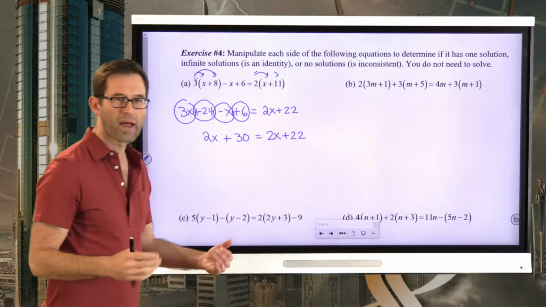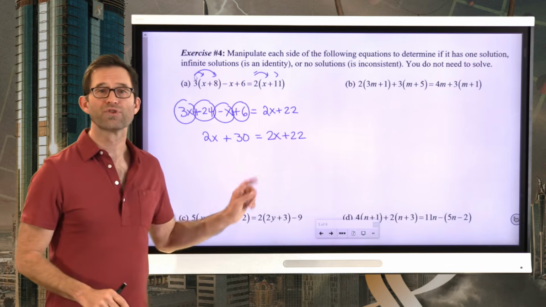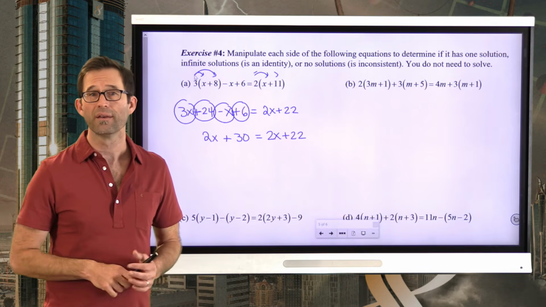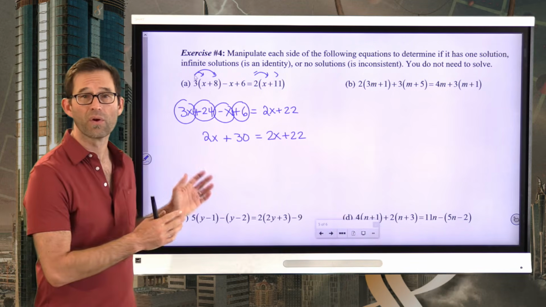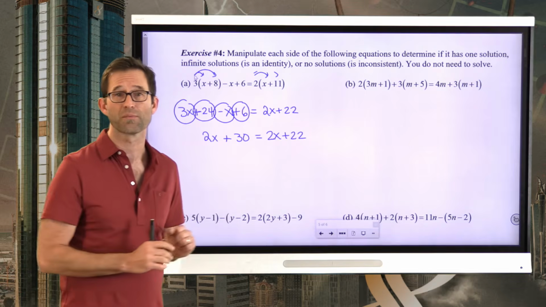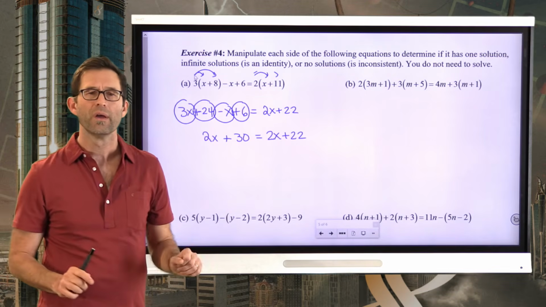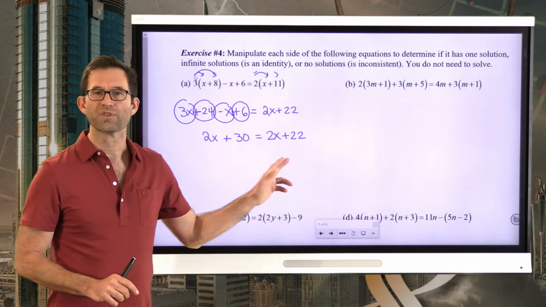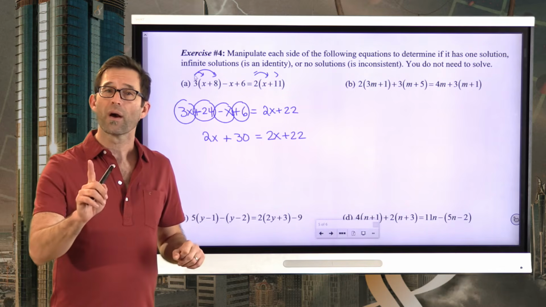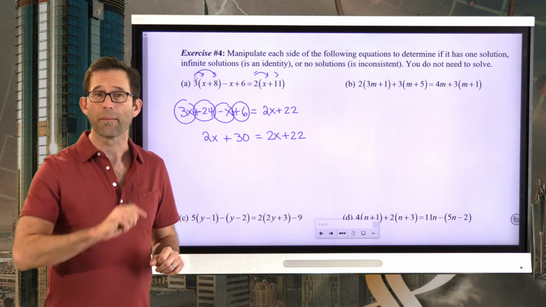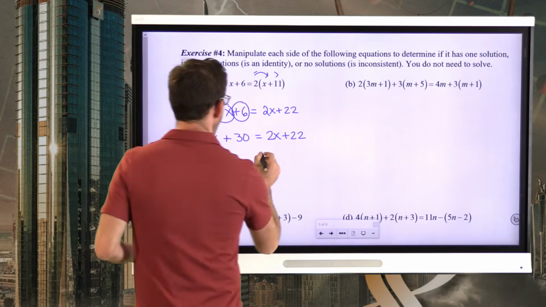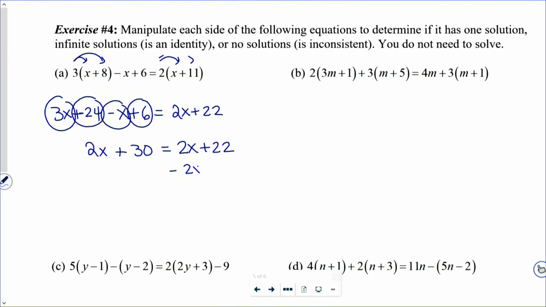Now, just step back for a second. One thing I know for certain at this step is that it's not an identity. If it's an identity, it would look like 2x plus 30 equals 2x plus 30. Always true. Here I've got 2x plus 30 equals 2x plus 22. Now if I went one additional step and subtracted a 2x from both sides, I'd get 30 is equal to 22.